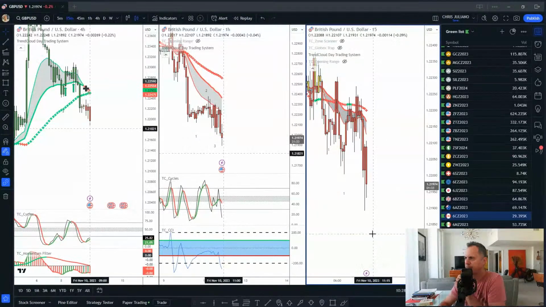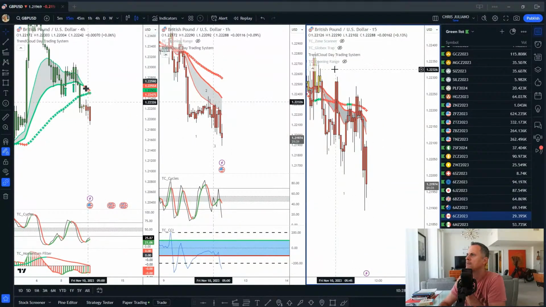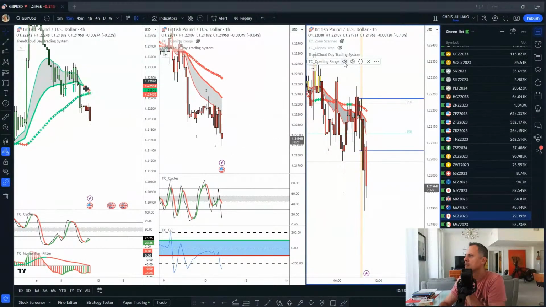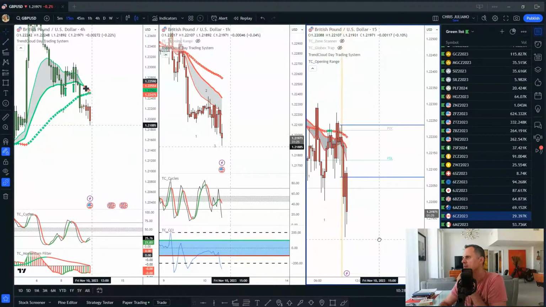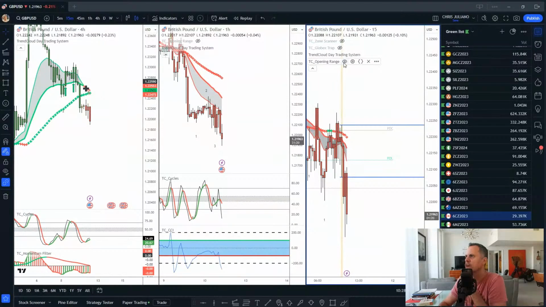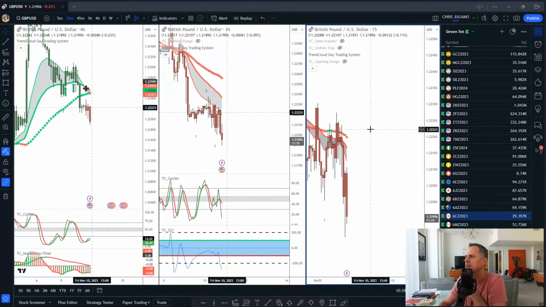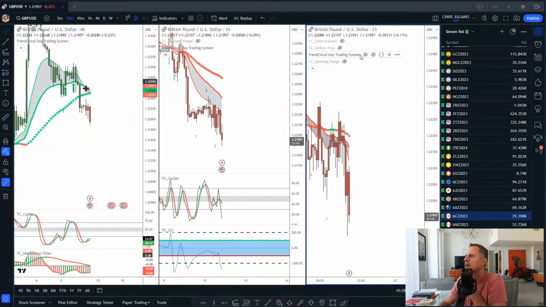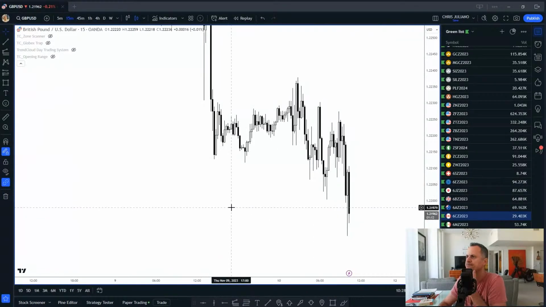15-minute chart breaking down. Let's see if we can zone in. Okay, we do have previous day's close up in here, right? We're just using that for the resistance levels. Let's open this up.